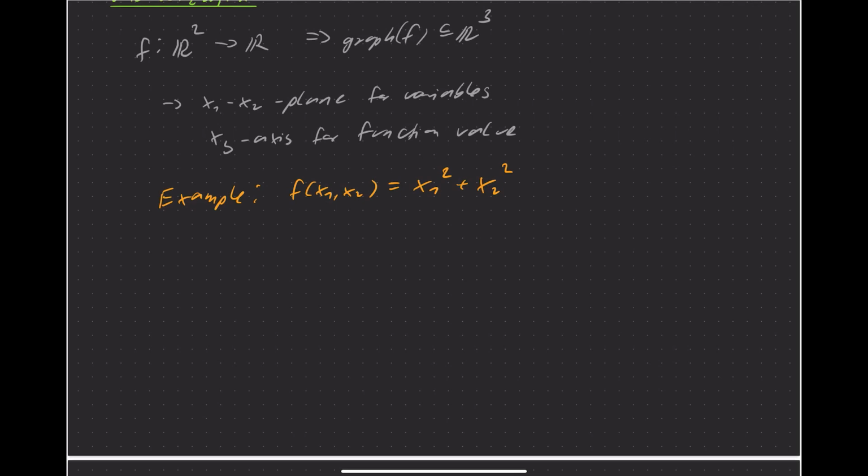What we have is first the coordinate plane with x1 and x2. This is the x1 and the x2 axis. These are going to be the input coordinates, and then the output, we visualize that along the x3 axis, like this. So this is the x3 axis here, and that's going to be the output.